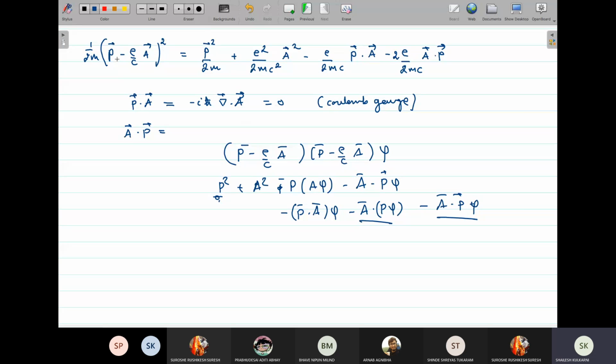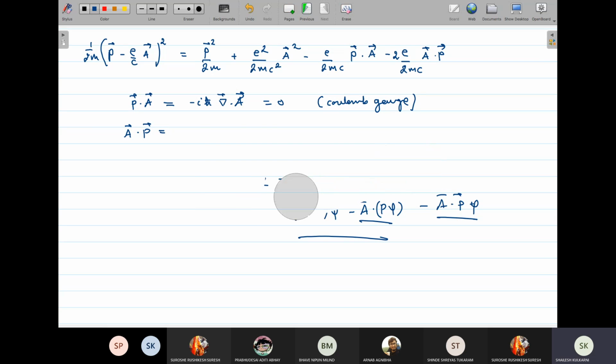So you have to be careful when you deal with this kind of expression. Eventually they are going to act on phi, so you have to be careful in cross terms. In the first, P will act on A phi, so this term gives me these two terms. In the second, A dot P acts on phi and remains as it is. So I have two factors here, twice A dot P. But what is A dot P?